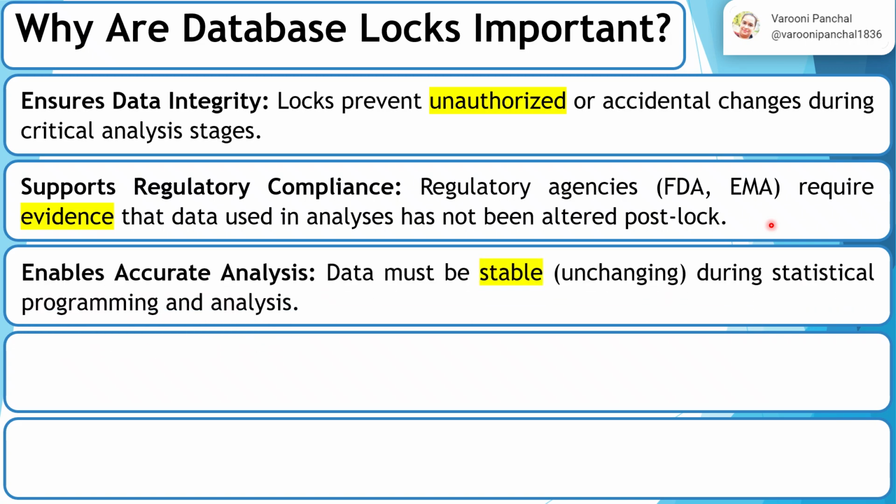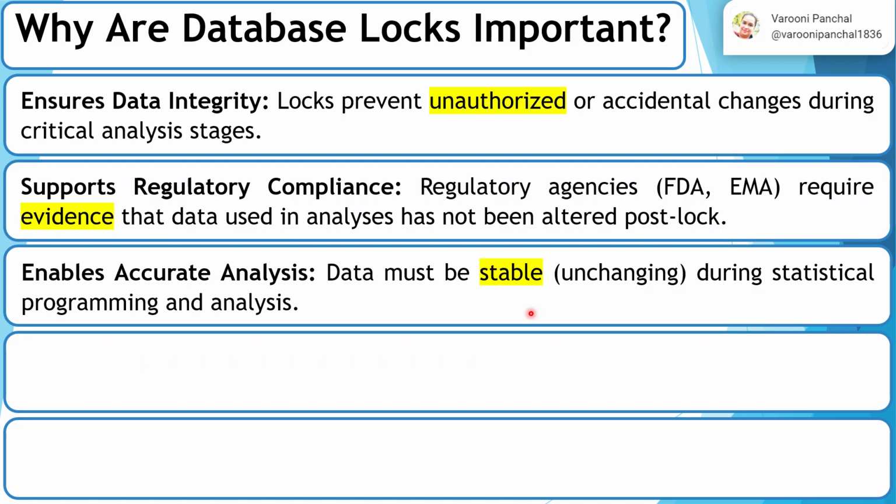Now it enables accurate analysis. Data must be stable during the statistical programming and analysis. Why does it need to be stable? Because we are performing the final analysis. Imagine if your database is changing at the production level. The analysis and the programming will be affected to some extent, right?